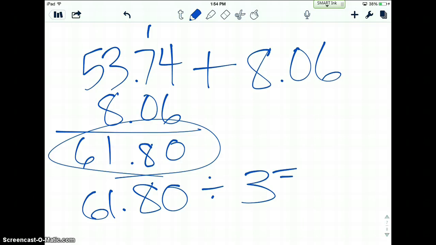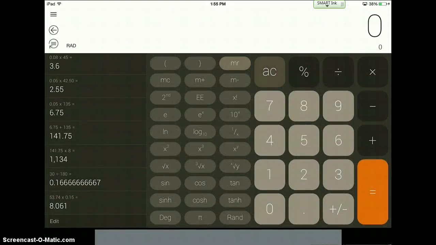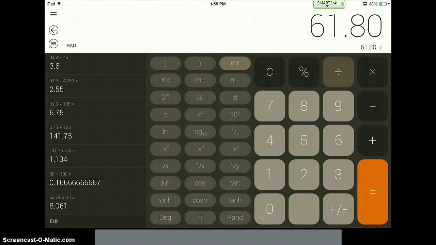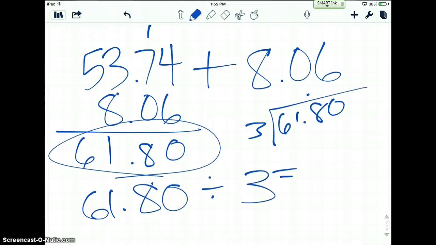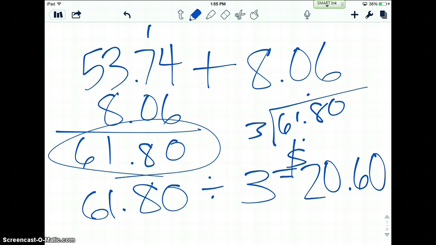So if I take that, either divide it by hand, which most of you would choose not to, or on the calculator, I'm taking 61.80, dividing by 3. There it is. How much money is that? Hopefully you did not say $20.06. So that's $20.60.